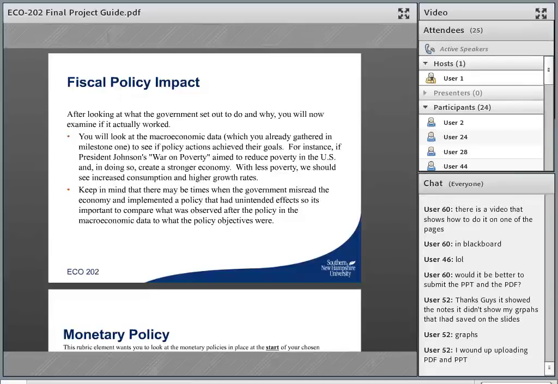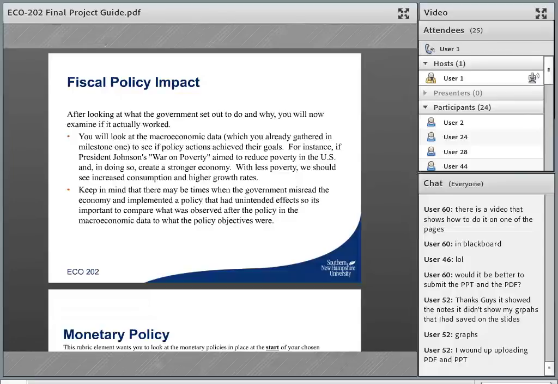Yeah. Very weird. Okay. So our last element is the fiscal policy impact. So you've outlined what all the fiscal policy actions were, or the major ones were in your time period. So now you're going to see, were any of them effective? And basically, how did they impact the economy in the end?